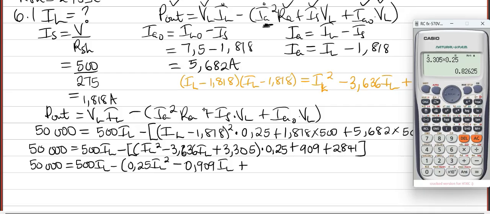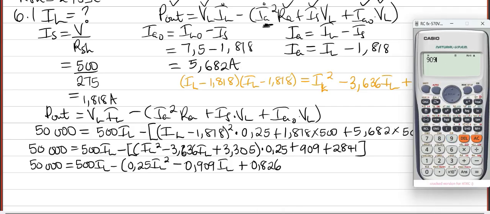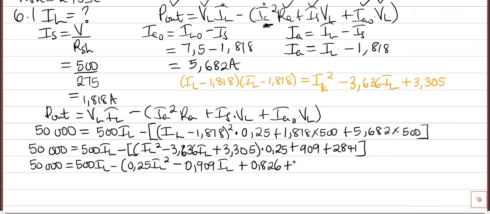Have 0,826. Then I'll add these two. I have 909 plus 2841. We have 3750. Close bracket.